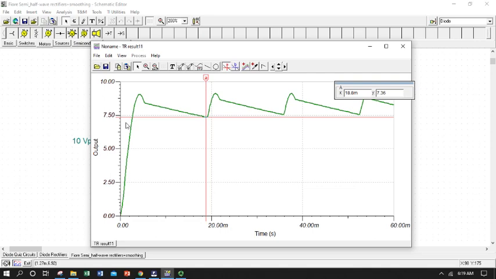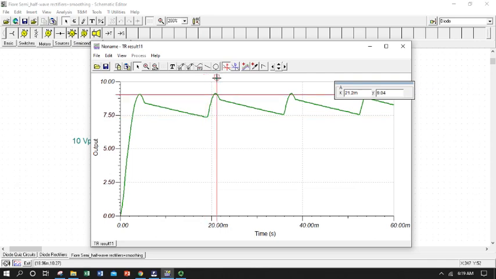So we can see that the load is always getting around 7.3 volts. So it's seeing a steady 7.3, but then there's this, call it 2.5 volt time varying signal that's superimposed on top of it. So that time varying signal of 2 volts is the ripple.